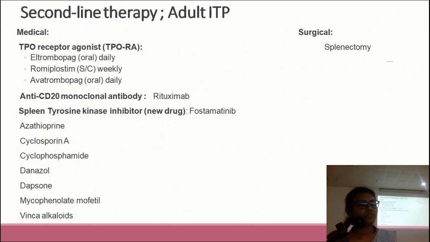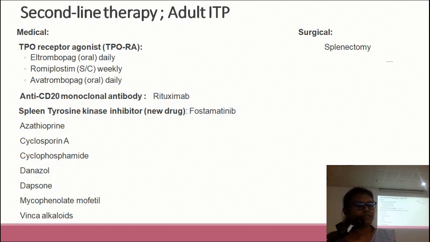Otherwise, lots of infusion related reactions, so it needs pre-medications prior to the treatment. And rituximab can cause transient neutropenias, definitely immunosuppression, and very rarely progressive multifocal leukoencephalopathy.